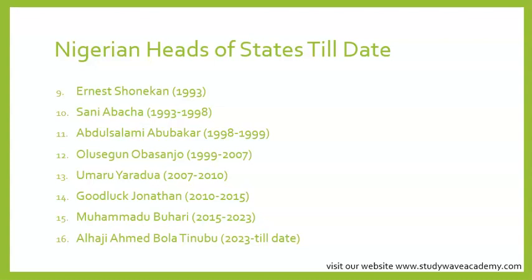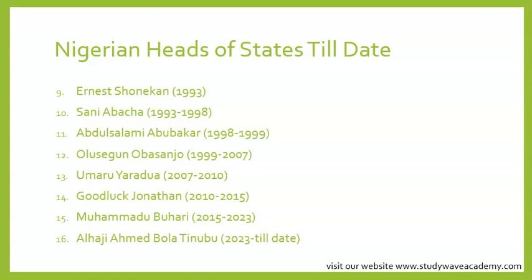After Abubakar, Olusegun Obasanjo took over from 1999 to 2007. After Obasanjo, Umaru Yar'Adua took over from 2007 to 2010. Then Goodluck Jonathan took over from 2010 to 2015. And after Jonathan, Muhammadu Buhari took over from 2015 to 2023.